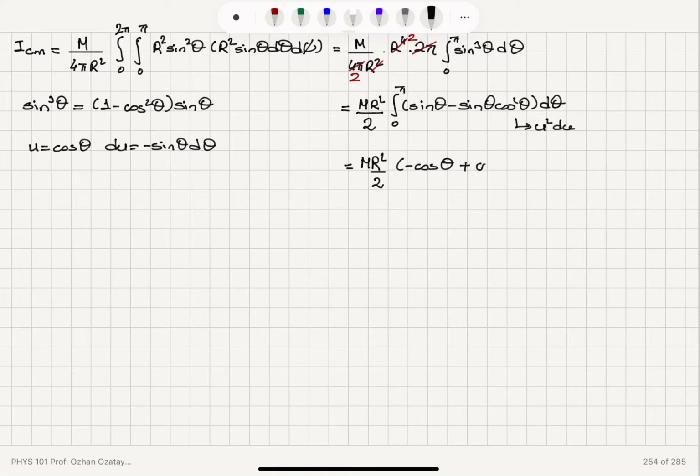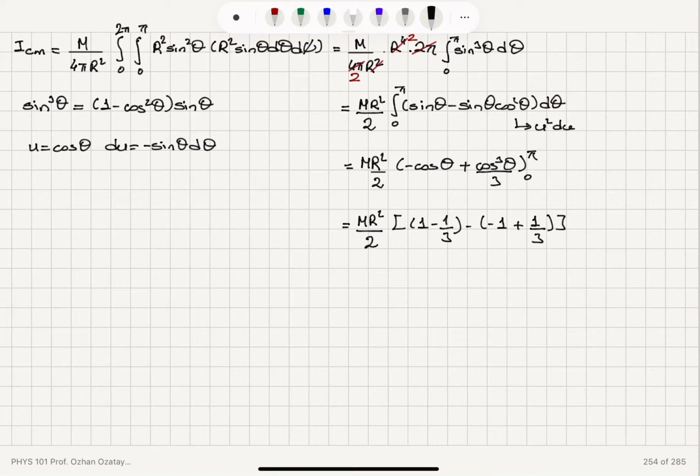So this becomes plus cosine cubed theta divided by 3. This is to be evaluated between 0 and pi. When I evaluate cosine theta at pi, I obtain minus 1. So this is plus 1, and cosine cubed pi over 3 is minus 1 over 3, minus cosine 0 is minus 1, plus cosine 0 cubed over 3 is 1 over 3.